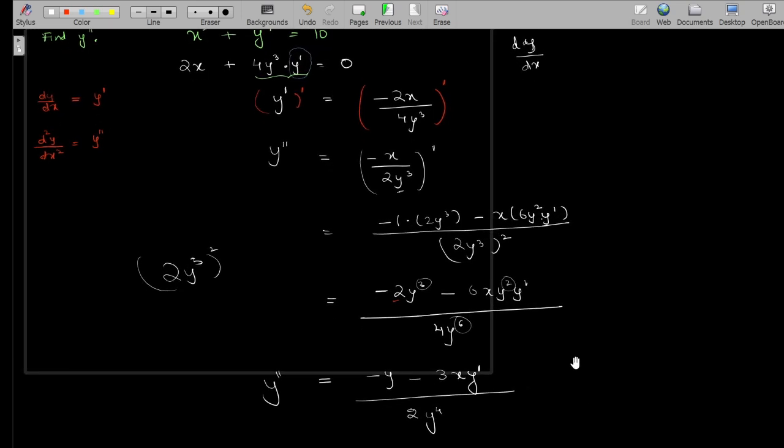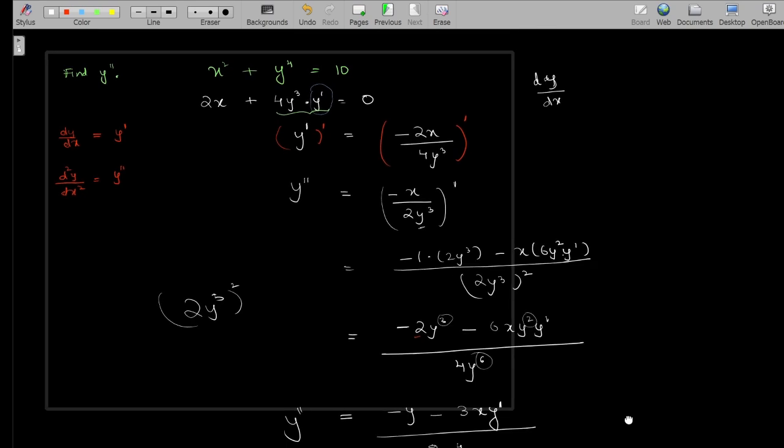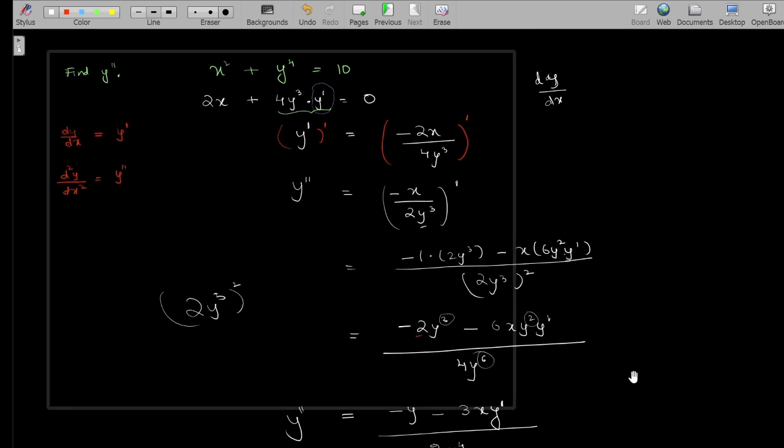Okay. So Anika, do you have any school worksheet on higher order derivatives? No, not for higher order derivatives. Okay, and did you try out the questions of implicit differentiation and derivatives of inverse functions on IXL?